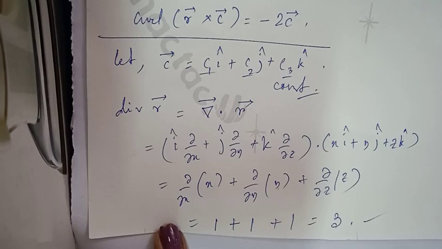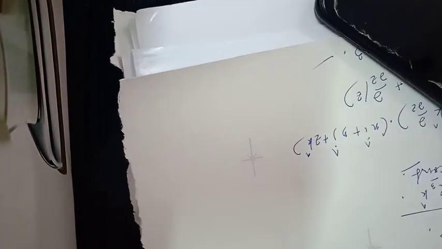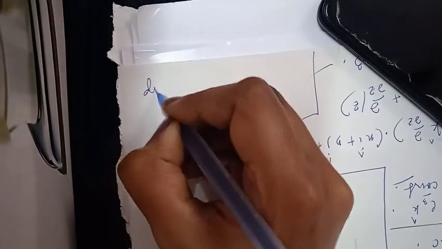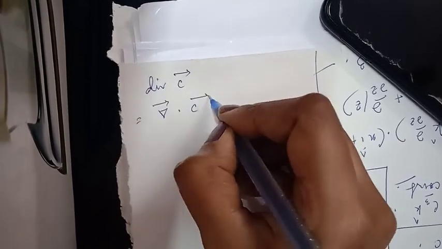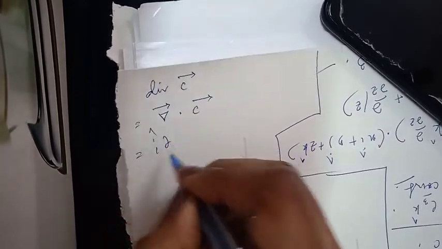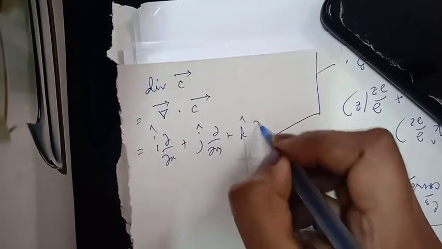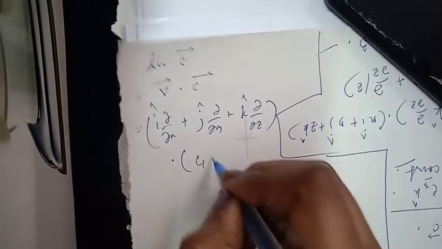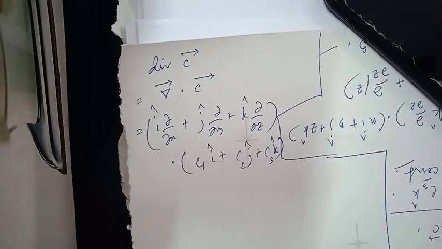Now we need to prove that divergence C will be 0. Divergence C vector, that is nabla operator dot C vector. So i cap del x, j cap del y plus k cap del z dot c1 i cap plus c2 j cap plus c3 k cap.